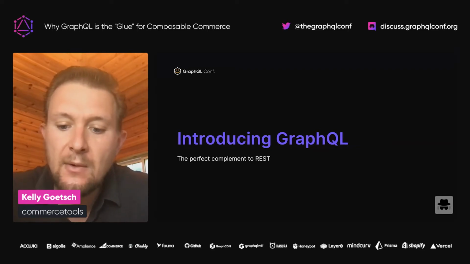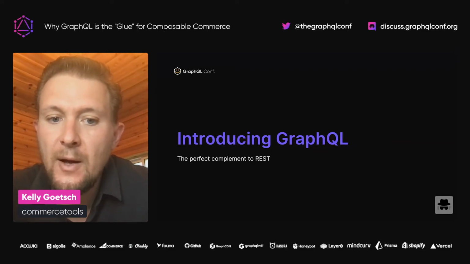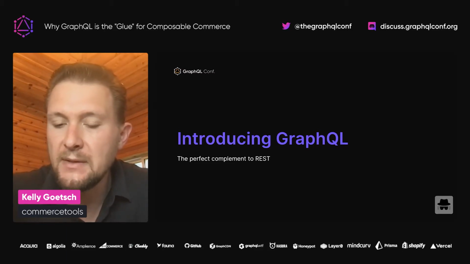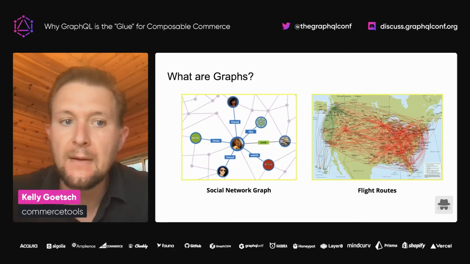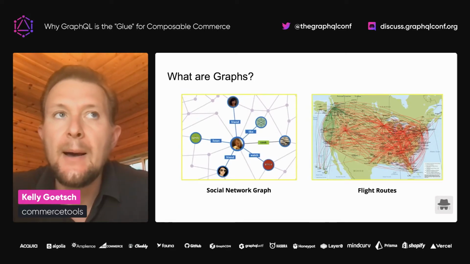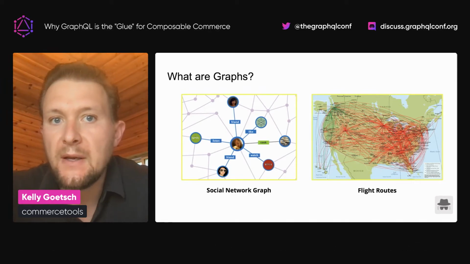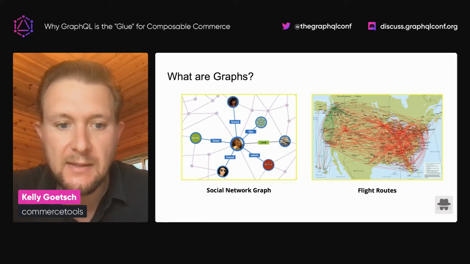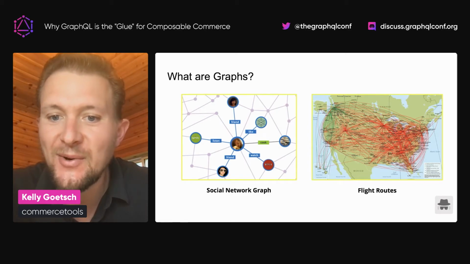And I would now like to introduce GraphQL, which is the glue for composable commerce, and it's the perfect complement to REST. What is a graph? A graph is multiple points and the connections between those points. And I'm sure the mathematicians out there are screaming at me because I'm not accurately representing graphs.